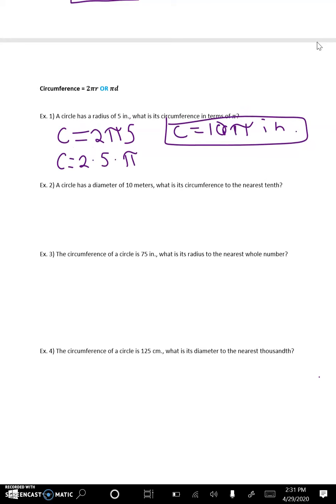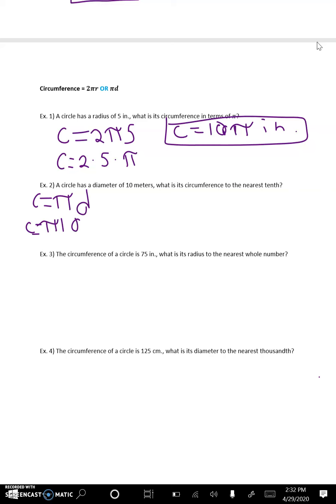So the second example, so a circle has a diameter of 10 meters. What is its circumference to the nearest tenth? So you could find the radius from this example, plug it into 2 pi r, or you can use the diameter that's given. I'll do it both ways. So we have C equals, I'll use the diameter formula first, so that's what we're given, pi times d, so C equals pi times 10.